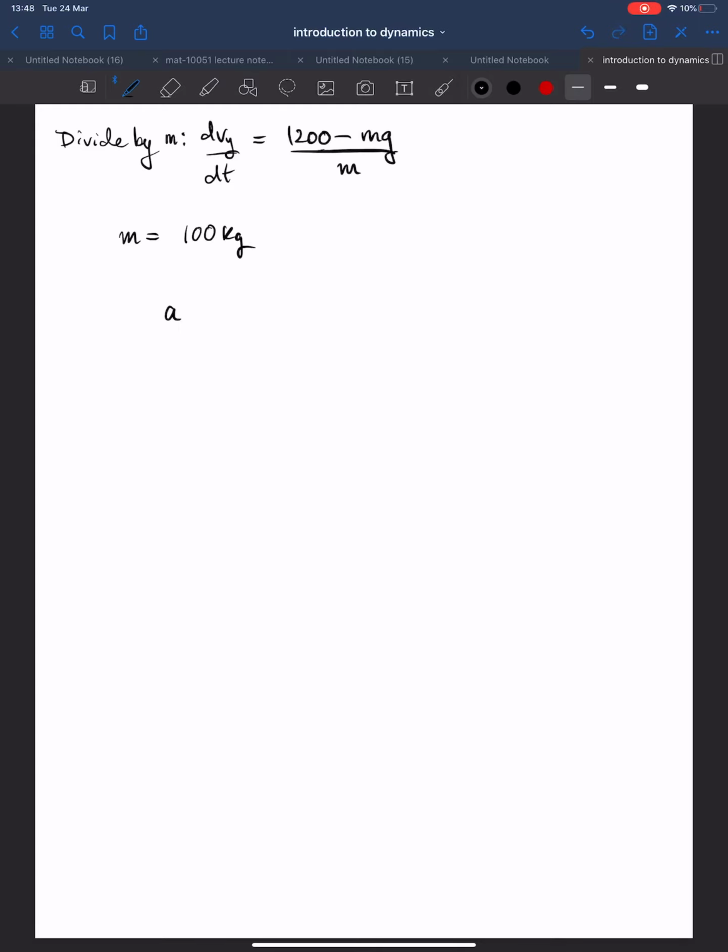This implies our acceleration ay. Oh, it's not a vector with i's, j's and k's. So our acceleration, the component of the acceleration in the y direction, which is the j component, is 12 minus g, where g is the acceleration due to gravity on Earth. What you see is this is positive, and this implies velocity is positive, crate moving upwards.